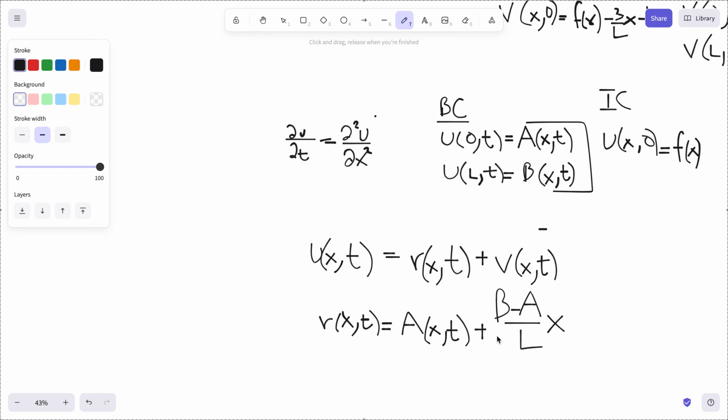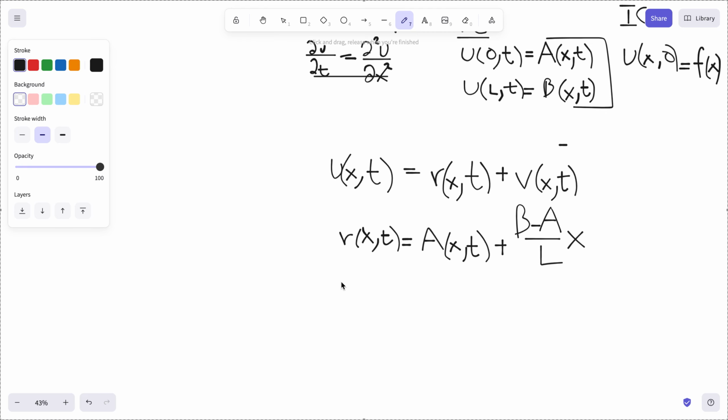But you'll note that now r changes with time, which means that our partial differential equation, when we rewrite it with respect to v, will change.